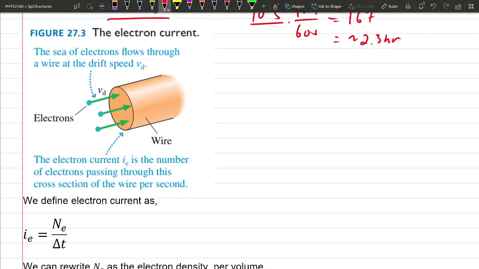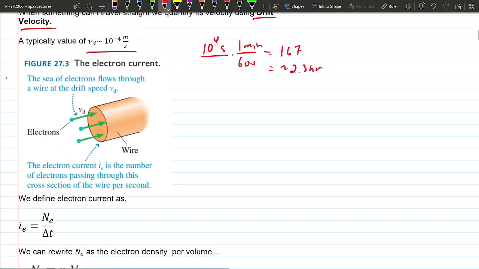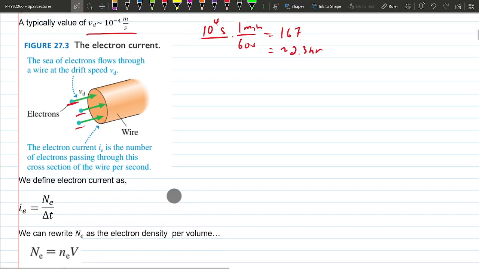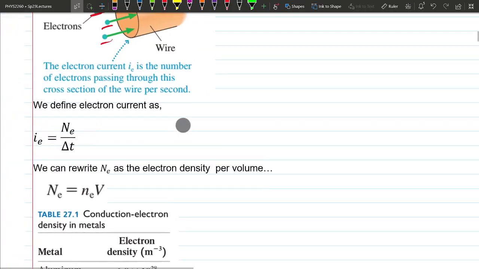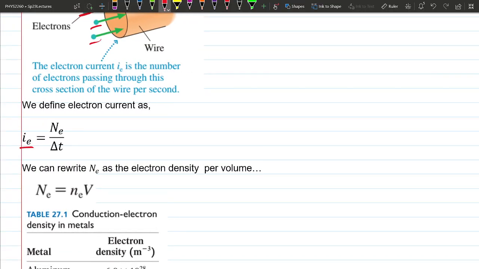This idea of drift velocity is how fast the electrons are moving across that wire. But they don't get to go in a straight line; they go up and down, drifting down the little river very slowly. What we're going to do is try to quantify this. We're going to declare something called an electron current.